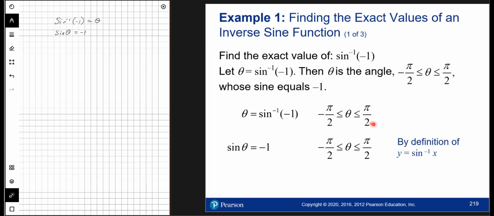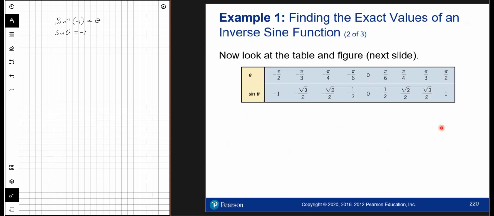Well, what they do is they throw the chart up at you. And I always go back to the unit circle, and they're talking from negative pi over 2 to pi over 2. So we can forget about this half of the unit circle.